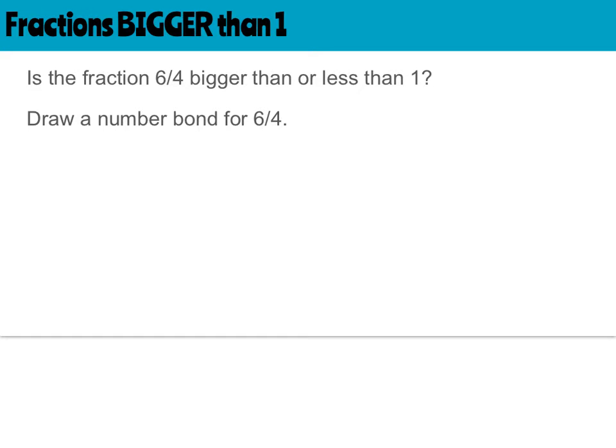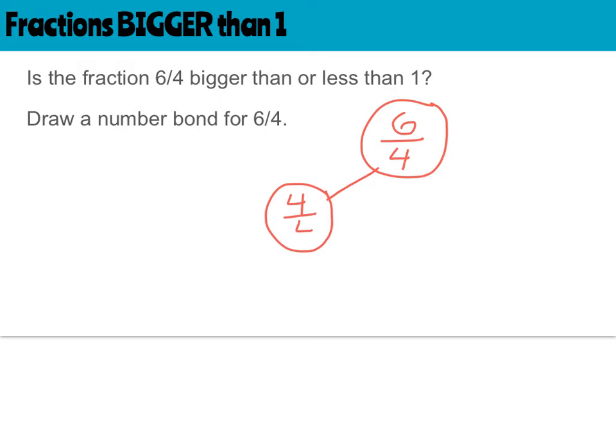So I want to draw this as a number bond. So I'm going to put 6/4 in a circle, and I'm going to think about how it makes sense to break it up. I could break it up into 6 circles, with each circle having 1/4 in it, but I think I'm going to break it up into 4/4, or we can call that 1 whole. And if I use 4/4, I have 2/4 left.